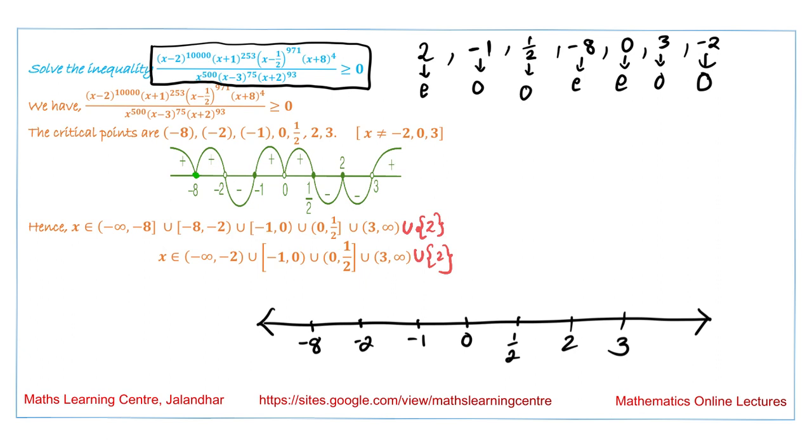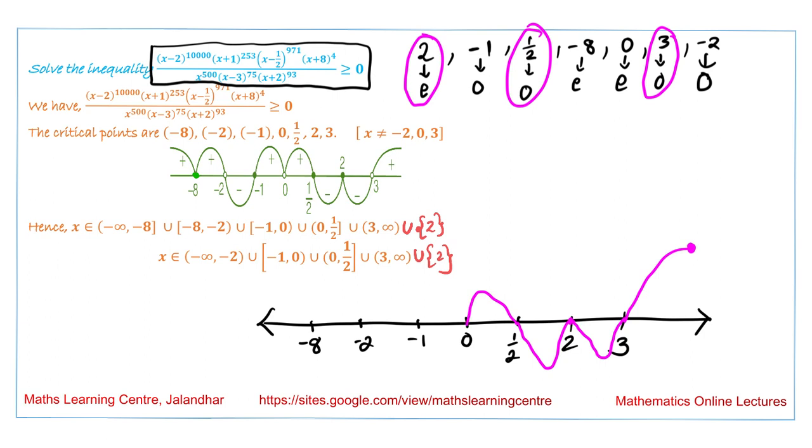So we start from some positive point over here, and when we reach this point 3, the power is odd, so it will cross this point and reach the point 2. When it reaches the point 2, the power is even, so it bounces back and reaches the point 1 by 2. At 1 by 2 the power is odd, so it crosses this point and reaches the point 0. Again the power is even. Then at the point minus 1 the power is odd. At the point minus 2 the power is odd, and at the point minus 8 the power is even.